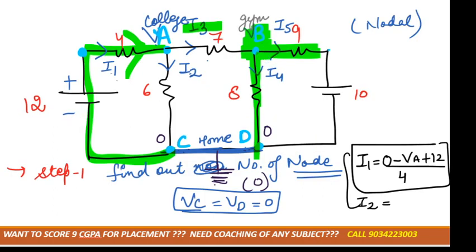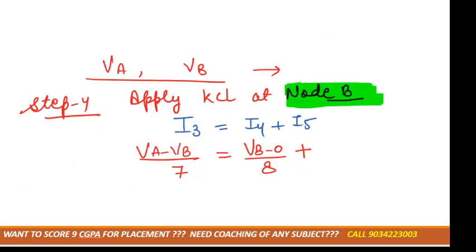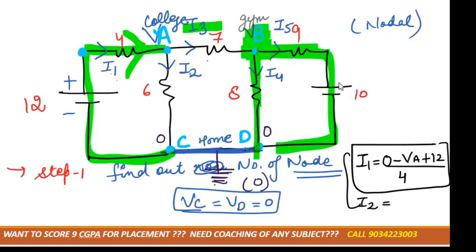Then I5 is moving from VB to 0 again, okay? So we can write VB minus 0. But for a battery, we always have to take the second sign. What is the second sign from VB to 0? Negative or positive? Tell me, negative 10 or positive 10? No, second sign.